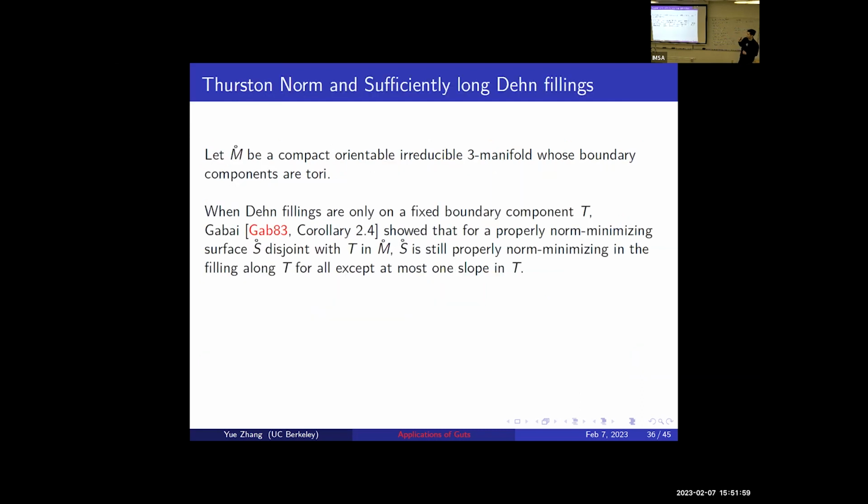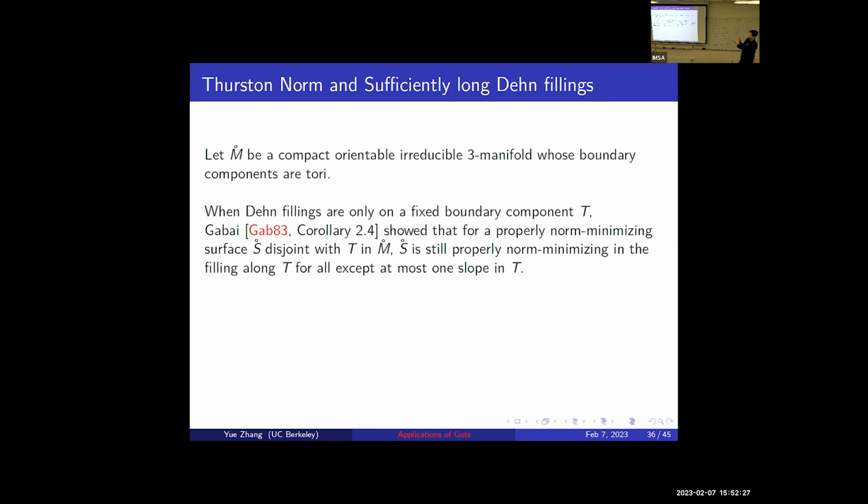And I'm going to show how to apply this method and some other tools to prove a Thurston norm related problem. So let's say M circle is a compact orientable irreducible three-manifold whose boundary components are tori.